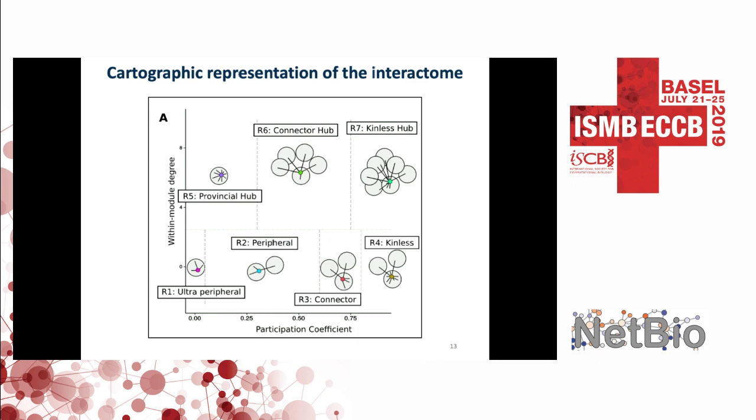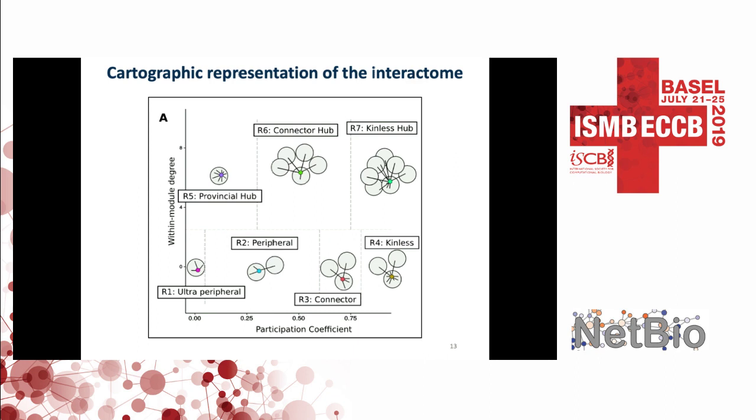We start with nodes with low participation coefficient. That means that all the links are projected within their own cluster. And then we go to the extreme of the scale where nodes with high participation coefficient have all the edges homogeneously distributed among the other clusters of the network.